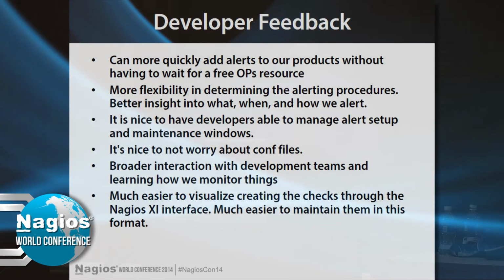Maybe they want to add more information. One of the things that came from this is introducing variables into service checks. We've started writing custom variables into our service checks, and when Nagios sends the alert out that something's failed, it now includes the severity level. Is it high severity, medium, or low?